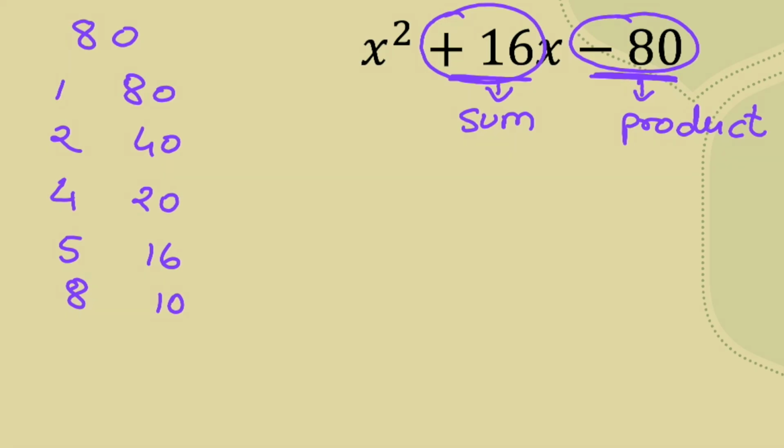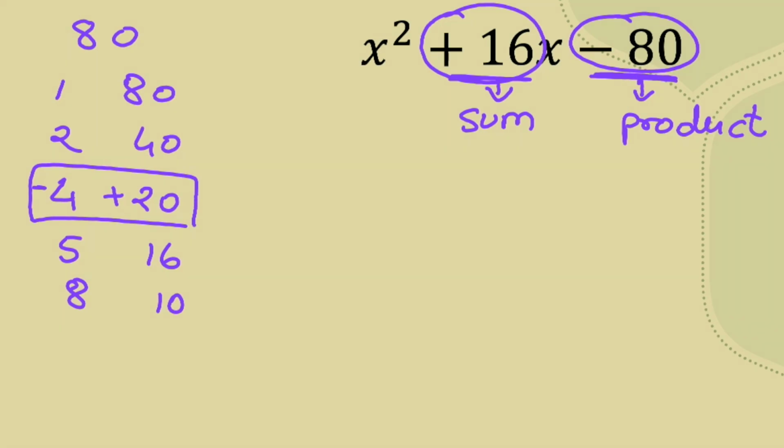Now, product is negative means one of the two integers will be negative, and the sum is positive 16 means the bigger number will be positive, smaller number will be negative. So of these two numbers, 4 and 20, if you take positive 20 and negative 4, the sum will be positive 16 and the product will be negative 80.